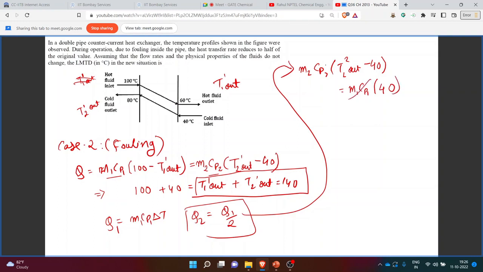So that is m1 cp1, this will get cancelled out and we will be getting T1 dash out is equal to 40 plus 40, that will be 80 degrees Celsius.